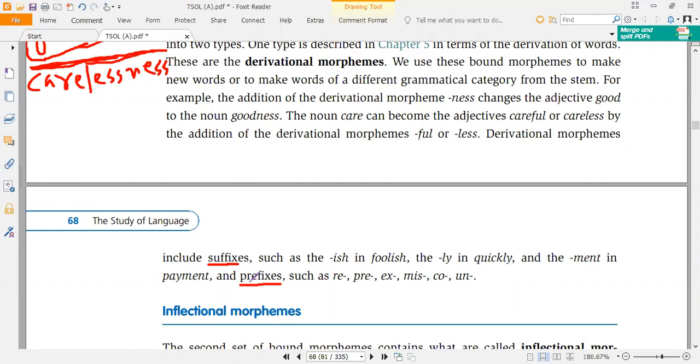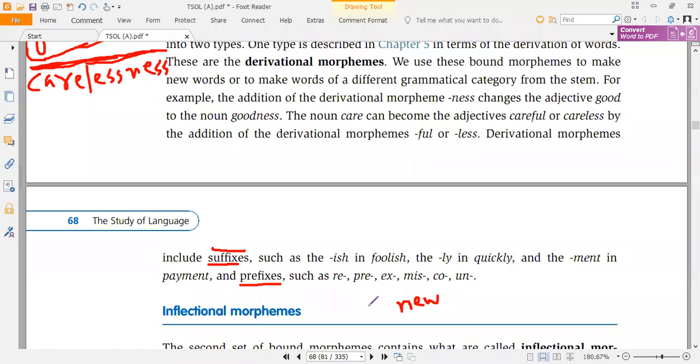But prefixes means those derivation morphemes which come before the stem, and those which come after the stem are called suffixes. How? Let's suppose if I write new, right? New.